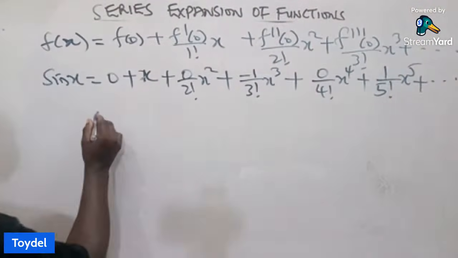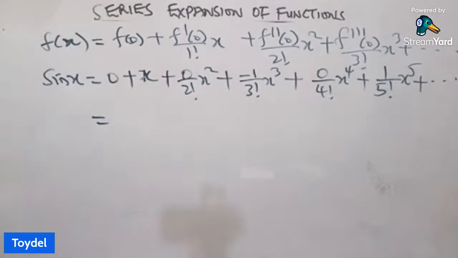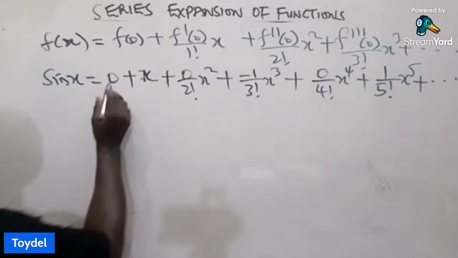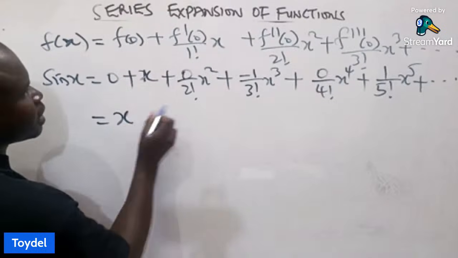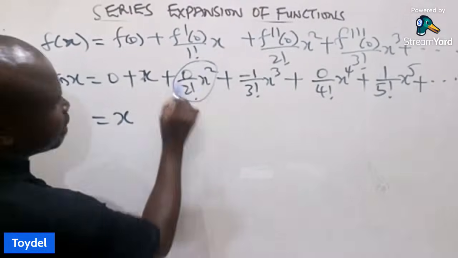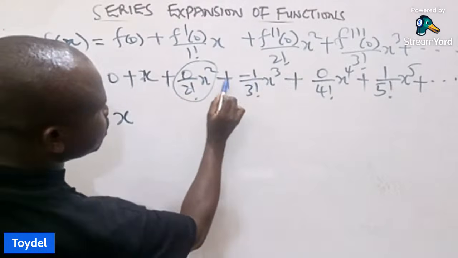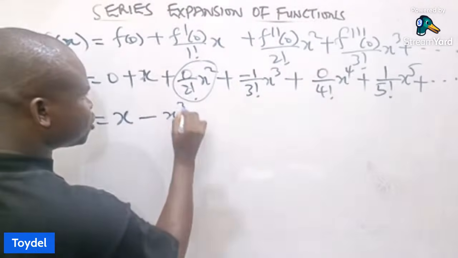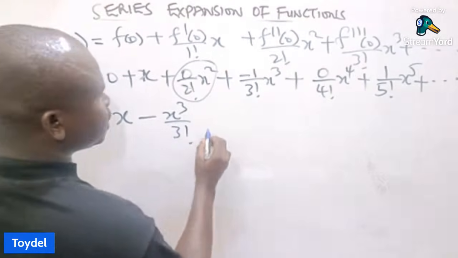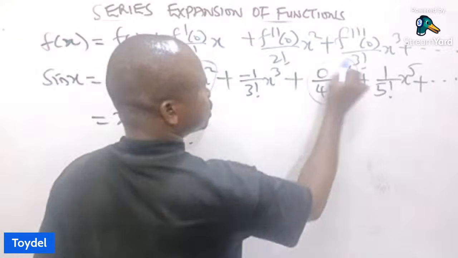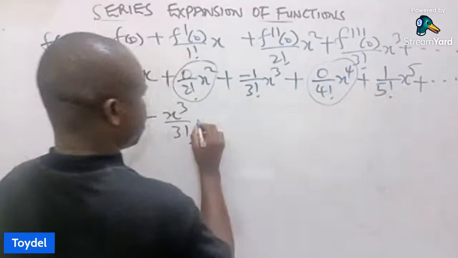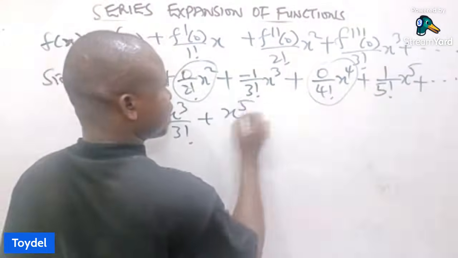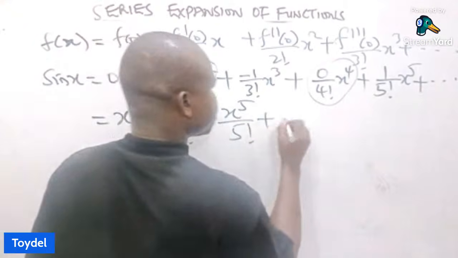So at the end of the day, the series that we are going to get will be of this form. Of course, this will be x. Here will also be 0 because 0 multiplied by everything will vanish. Followed by plus minus x cubed all over 3 factorial. Then this one will also vanish because 0 will cancel it. Then plus x raised to 5 all over 5 factorial plus dot dot dot.